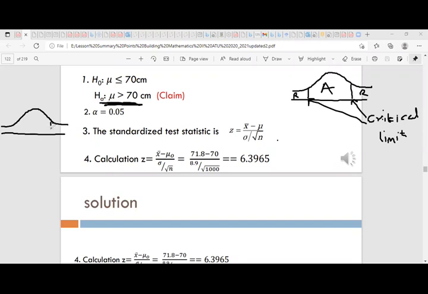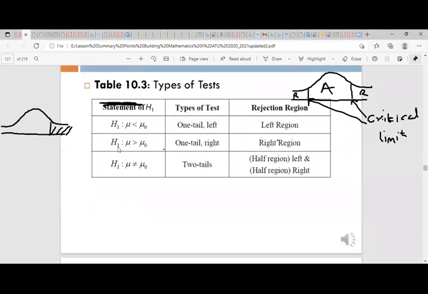So when we say greater than, we are looking at a one tail test, but the rejection is on the right. Let's just cast our minds back a bit. When we have mu greater than mu naught, we are saying one tail test with rejection on the right. That's the second scenario.